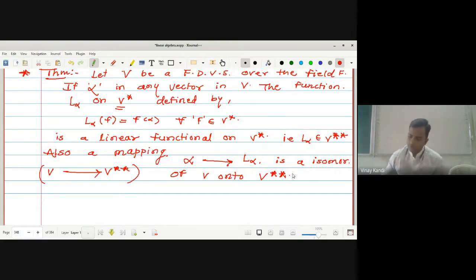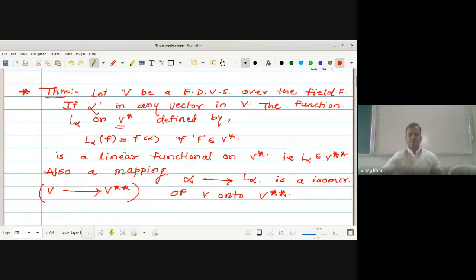Okay, look at the statement once again. Let V be a finite dimensional vector space over the field F. If alpha is any vector in V, then the function L alpha belonging to V star is defined by L alpha of f equals f of alpha for all f belonging to V star. Why? Because V star is nothing but the collection of all the linear functionals on V. So the input is f here.